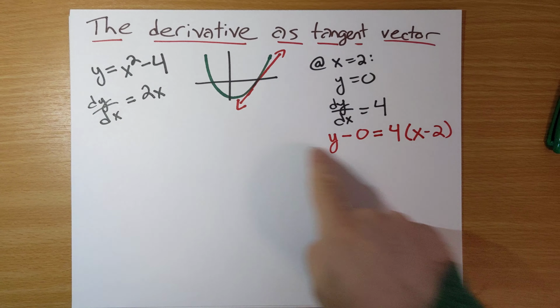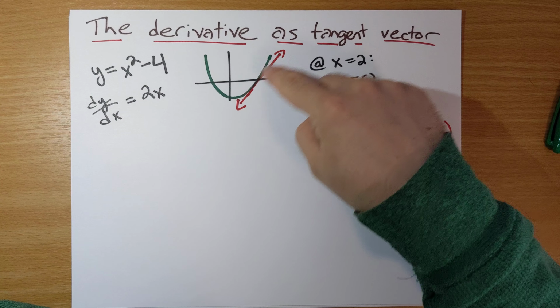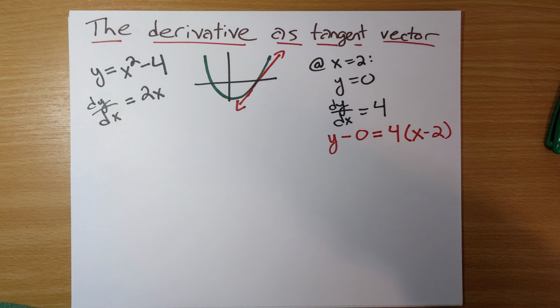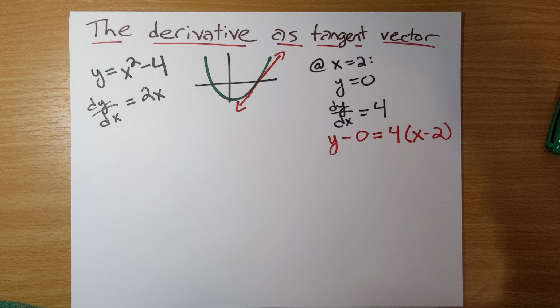So this is a classic Calc 1 problem, finding the equation of this tangent line here. But now let me rewrite this in a way that is more evocative in a Calc 3 setting.